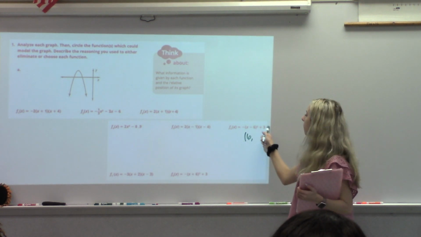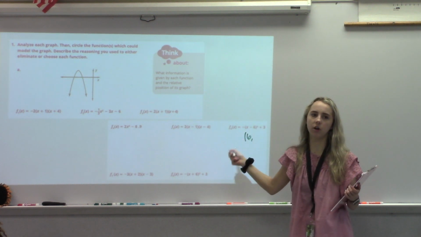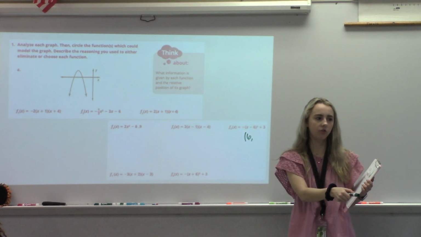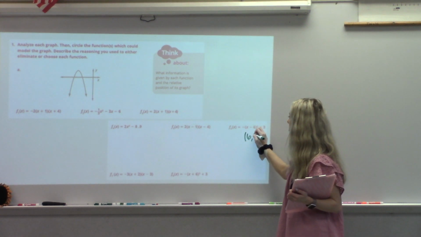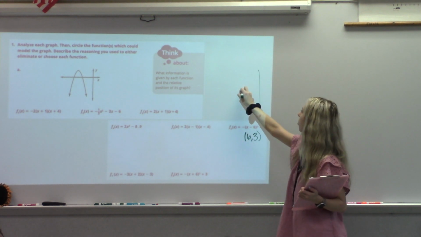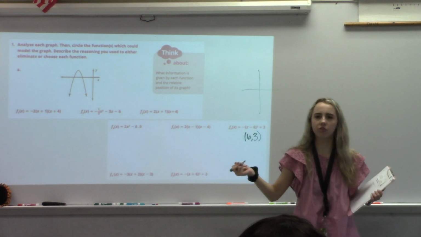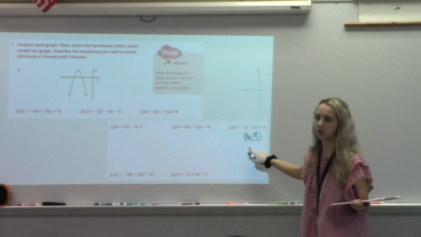Okay, but what form is this equation written in? Vertex form. Does vertex form tell us what the y-intercept is? No, it tells us the vertex. So this point would be 6, 3. I started talking to you guys about the quadrants yesterday. So what quadrant would 6, 3 fall in?